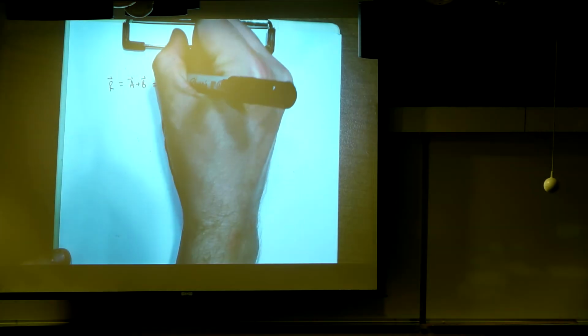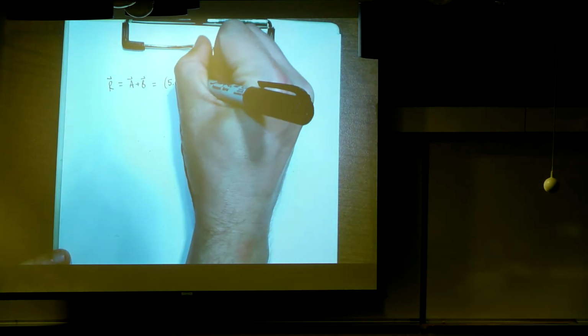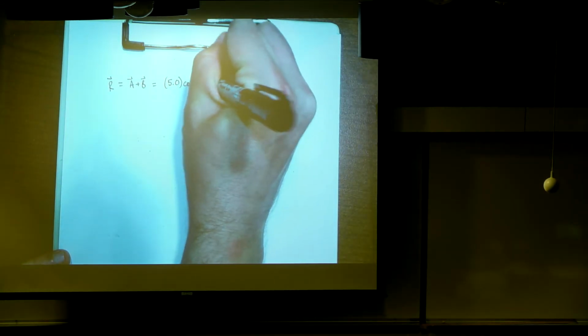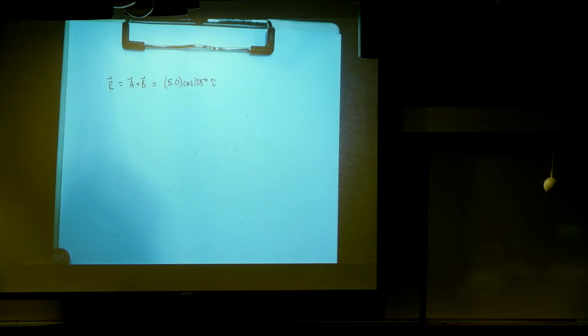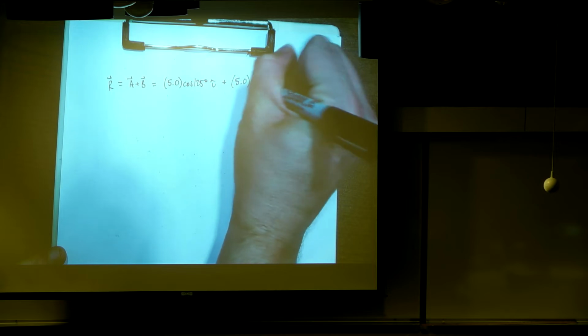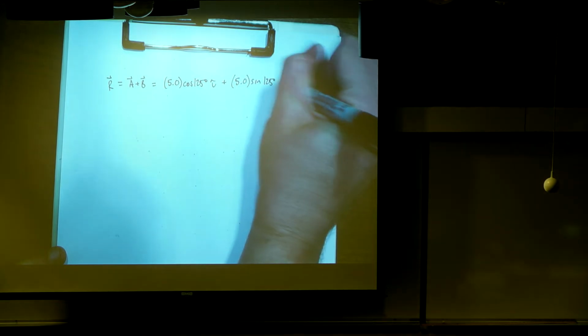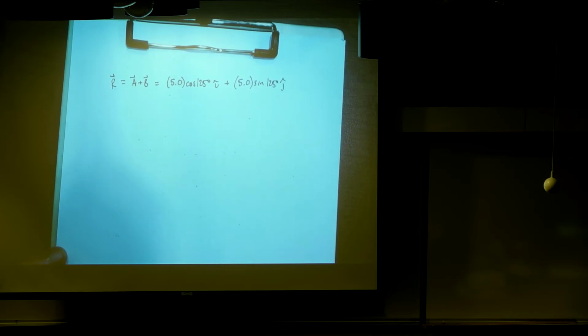On the first line, I'll write vector A in component form. That's magnitude, which is 5, times cosine of the angle, which is 125 degrees. That would be my x component, right? Whereas my y component would be 5 times sine of 125 degrees. So i hat, j hat unit vectors come along for the ride.